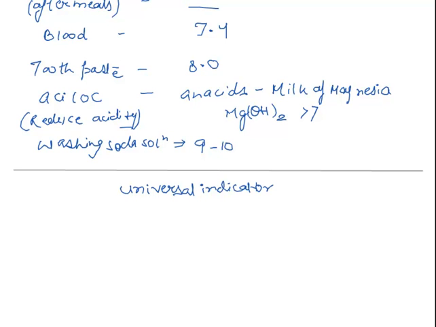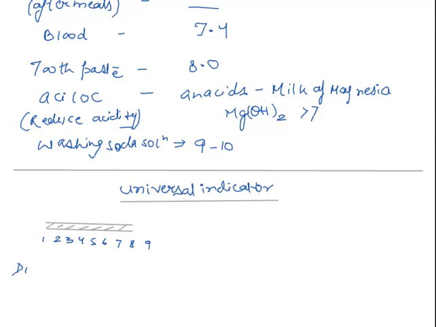This particular indicator tells the pH of the substance. It consists of a strip. In that strip, different levels are marked, and it gives different colors at different pH. Say there is 1, 2, 3, 4, 5, 6, 7, 8, 9, and so on.